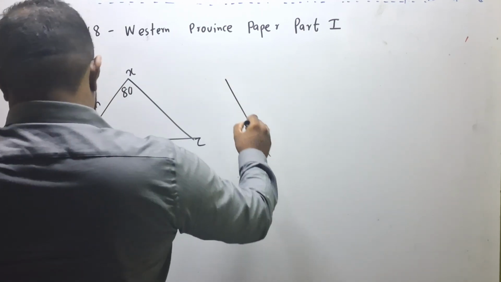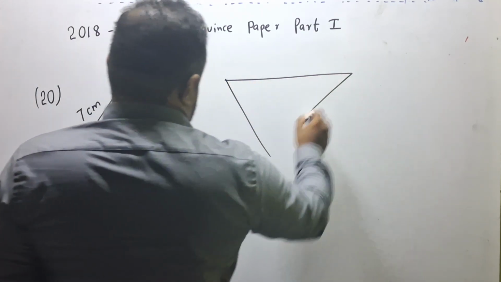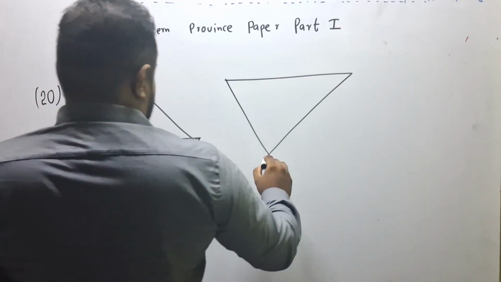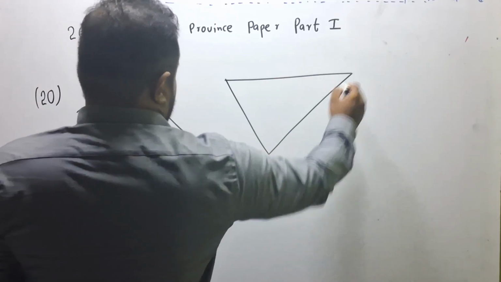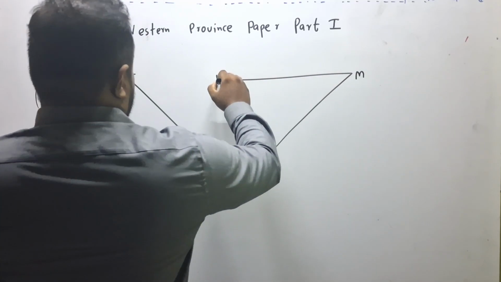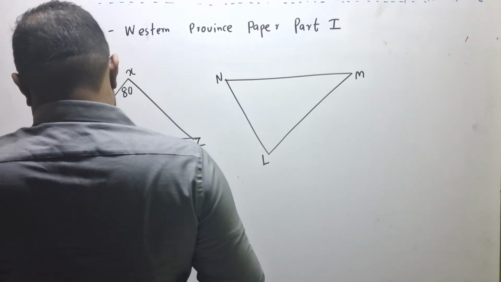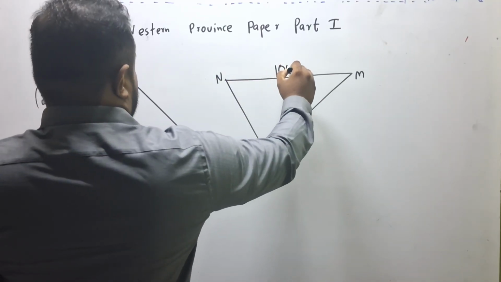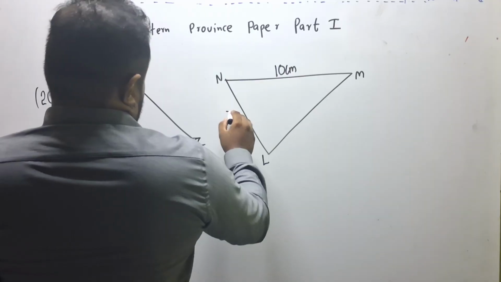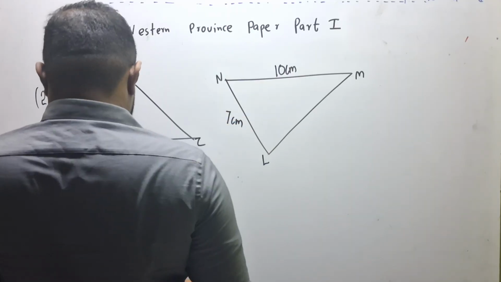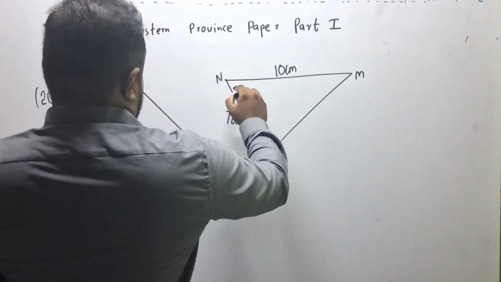Then what is the other triangle? The other triangle is LMN, with 10 centimeters, 7 centimeters, and 50 degrees.